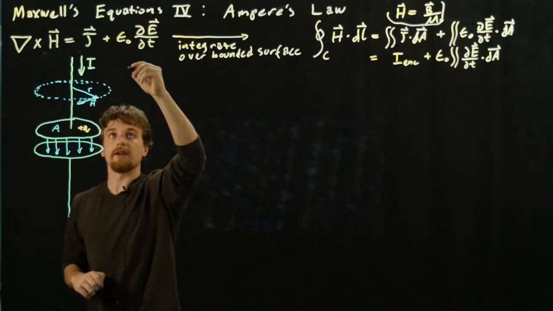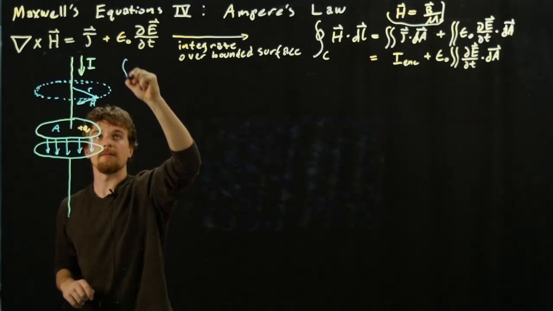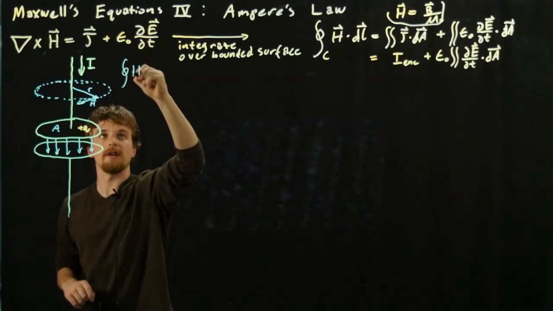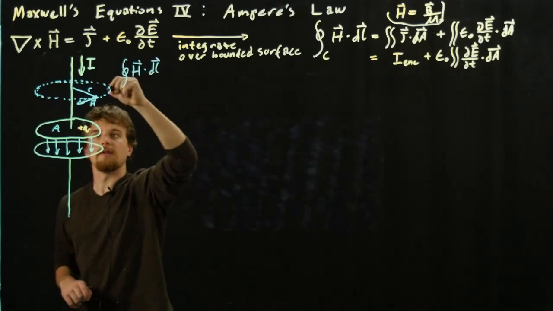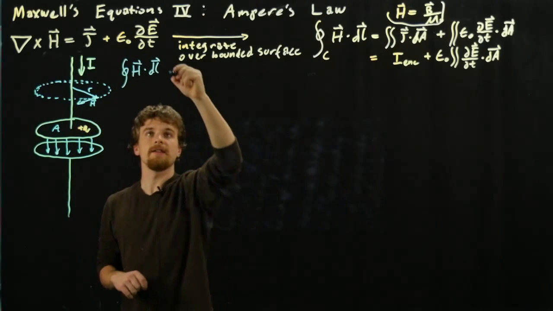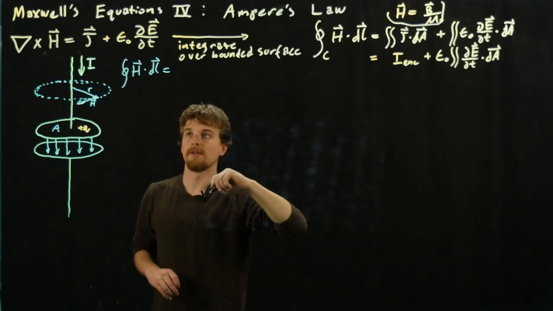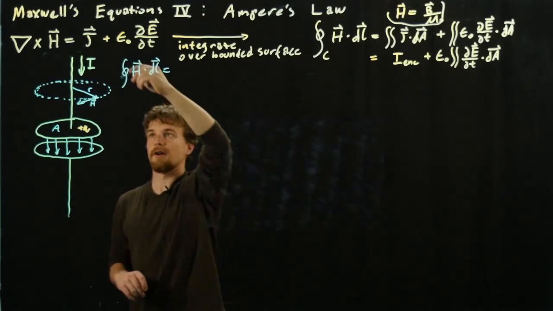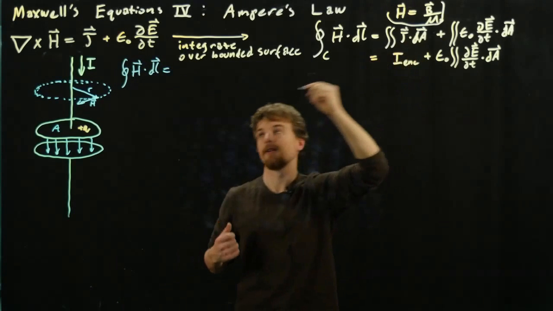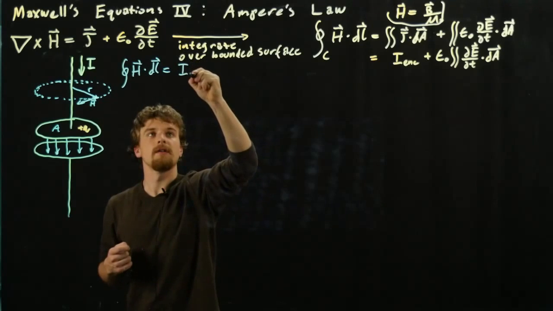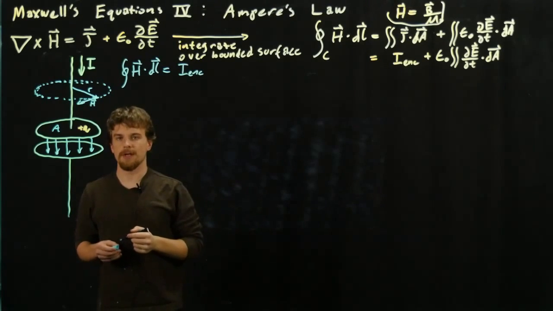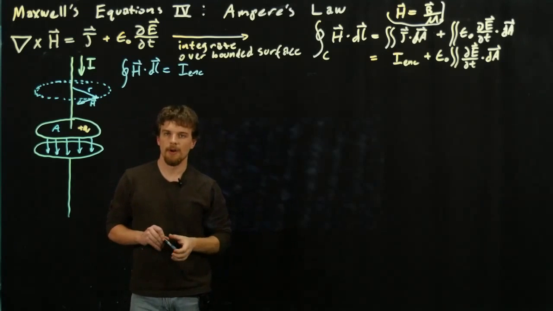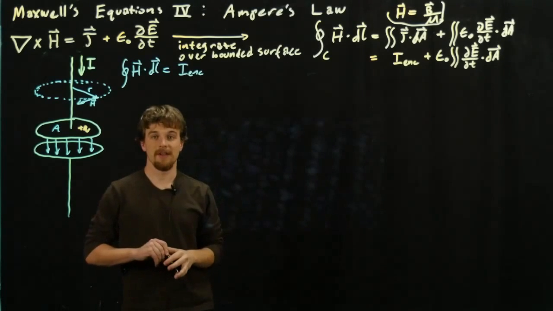So we can rewrite Maxwell's equation to be the integral of H dotted with our differential path length equal to the current enclosed by this path. Now, we set up this problem, but this works for any line integral.